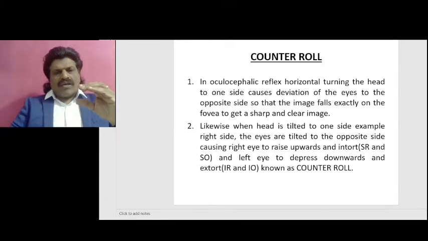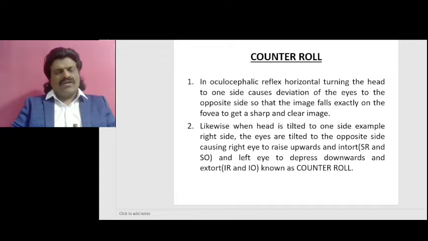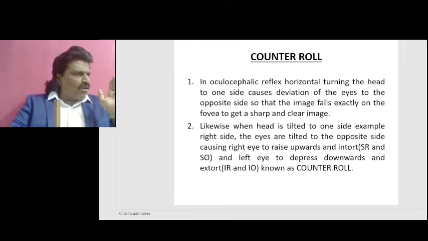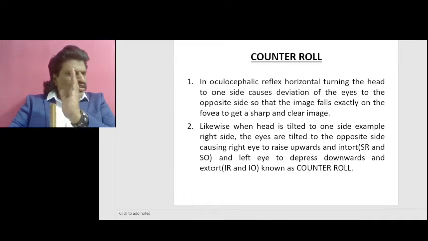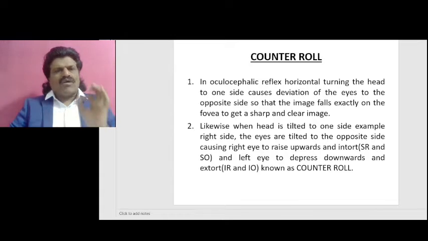So oculocephalic reflex is a horizontal movement, whereas the counter role is a tilting movement. So in oculocephalic reflex, horizontal turning of the head to one side causes deviation of the eyes to the opposite side, so the image falls exactly on the fovea to get a sharp and clear image.